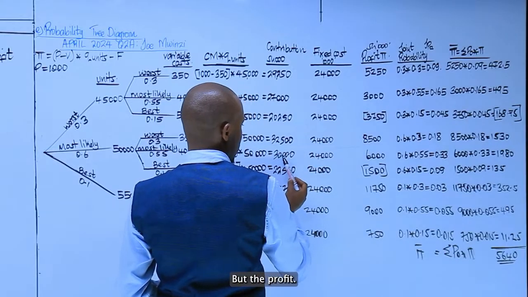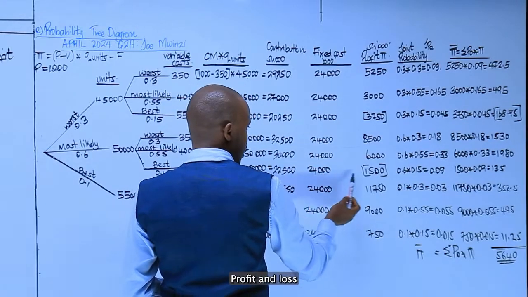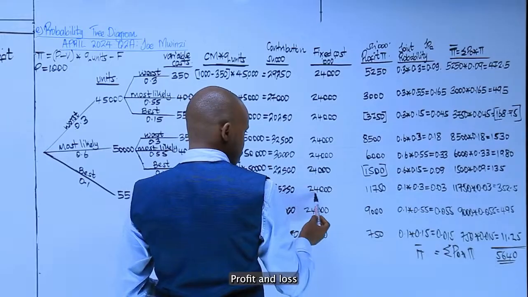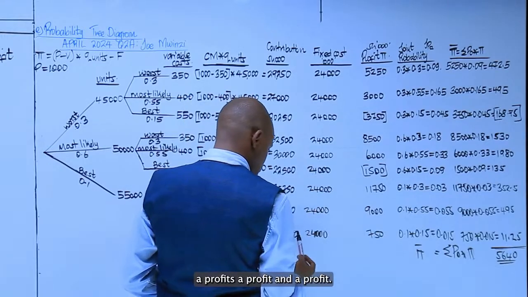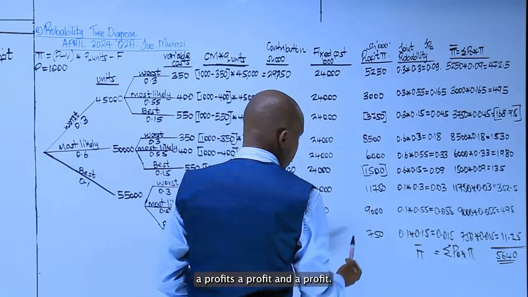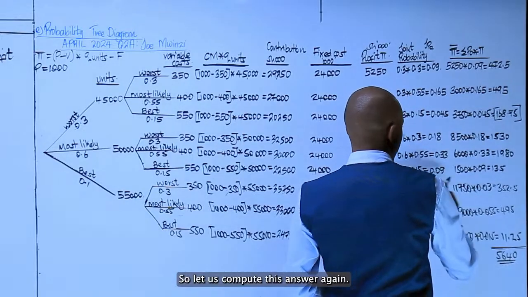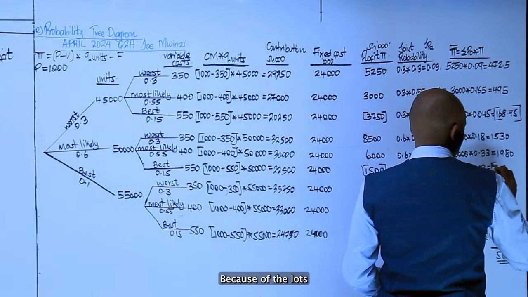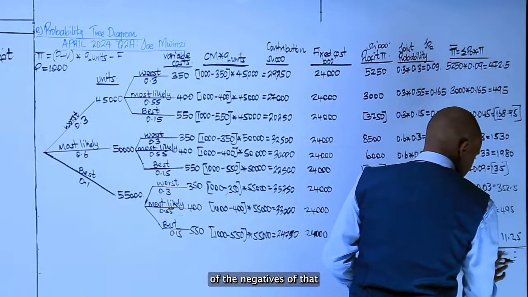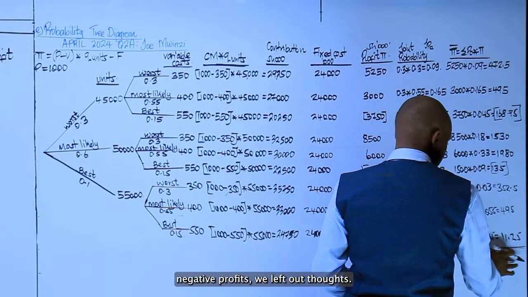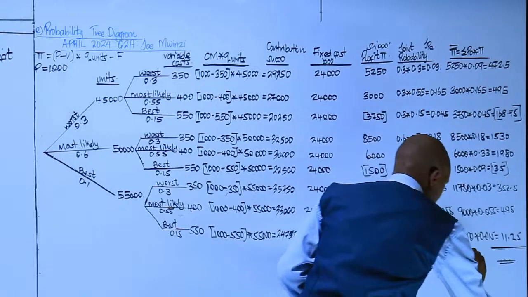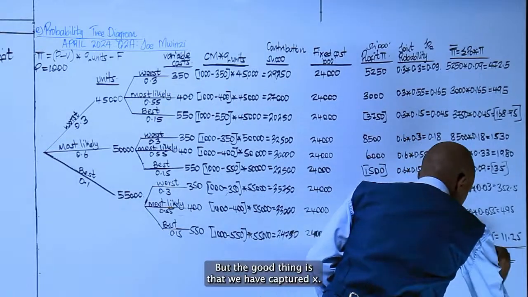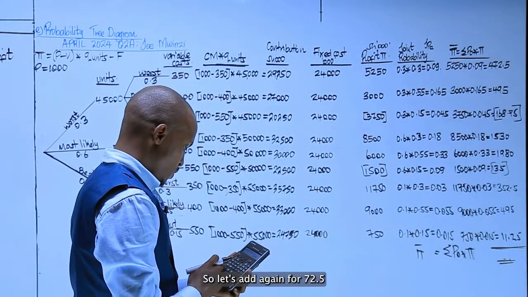That's a profit, a loss, a profit, and a profit. So let's compute this answer again because of the negatives, the negative profits. We left out that, but the good thing is that we have captured it. So let's add again.